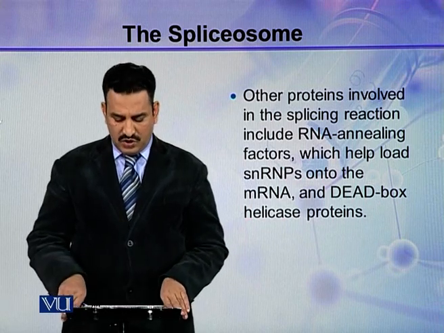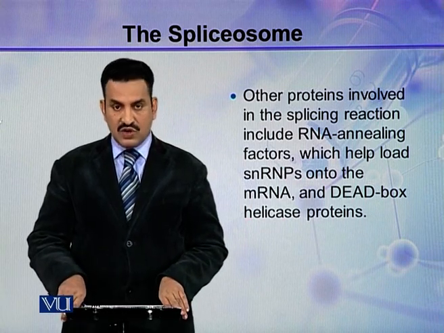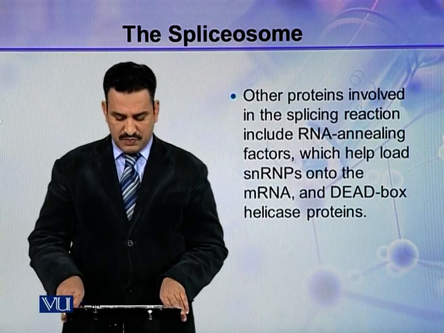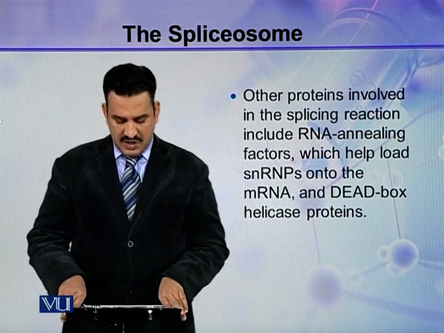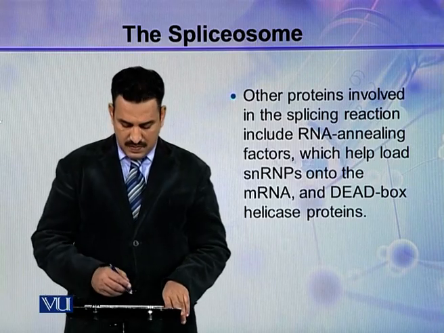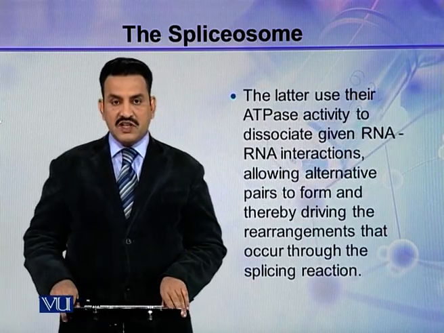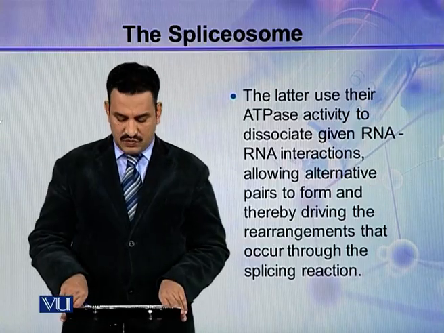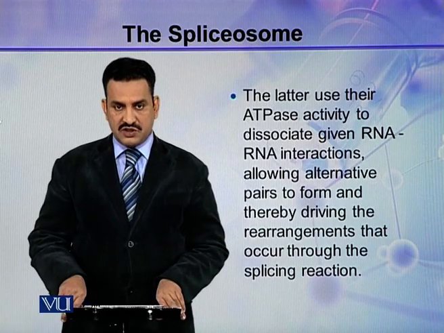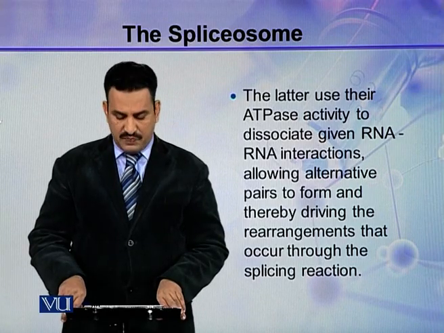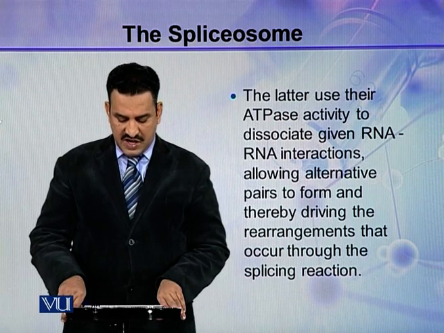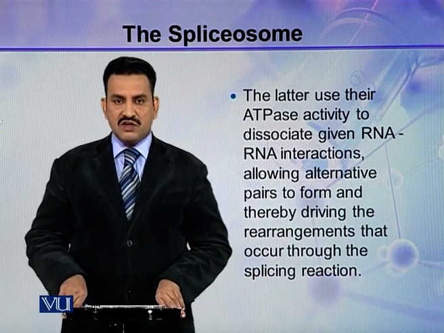Other proteins involved in the splicing reaction include RNA annealing factors, which help load SNRPs onto the mRNA, and DEAD box helicase proteins. The latter use their ATPase activity to dissociate given RNA-RNA interactions, allowing alternative pairs to form and thereby driving the rearrangements that occur through the splicing reactions.